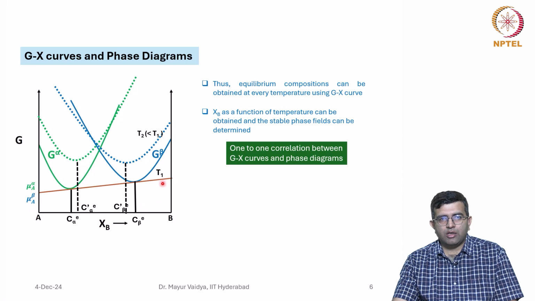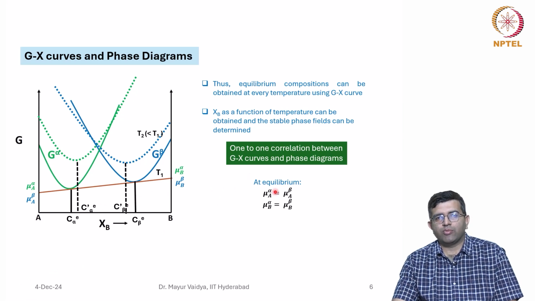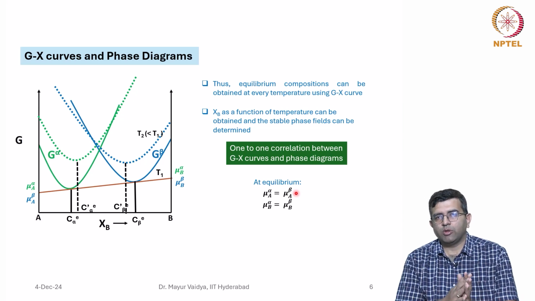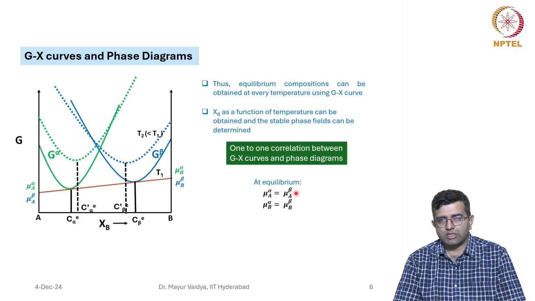Similarly, on the other side, you will have mu B beta as well as mu B alpha. So, what it tells us is that when the two phases are in equilibrium, the chemical potential of each component in all the phases is equal. So, mu A alpha is equal to mu A beta. If there were three phases, then it will also be equal to mu A gamma or mu A delta, depending on how many phases there are.